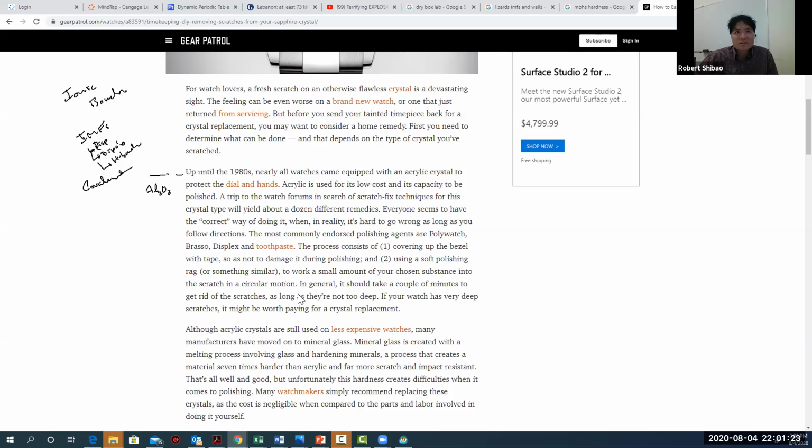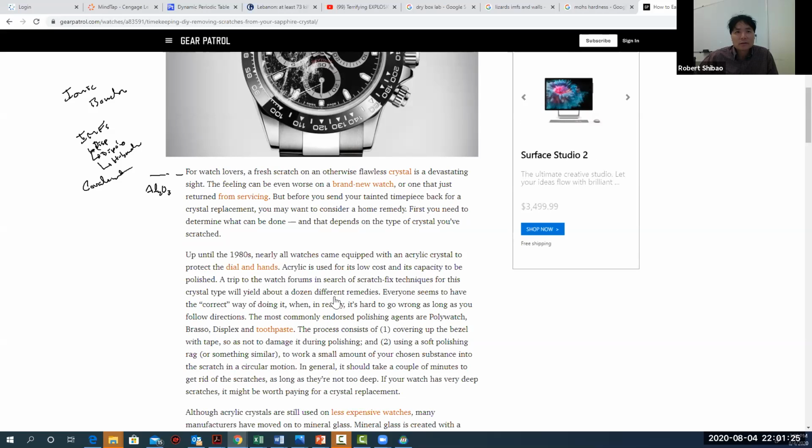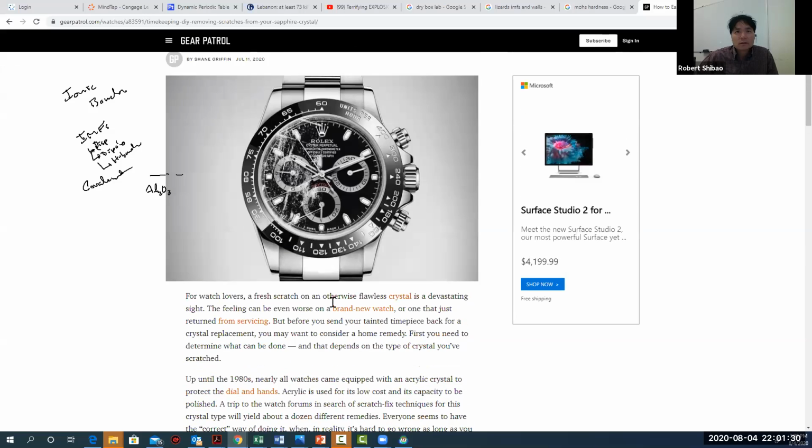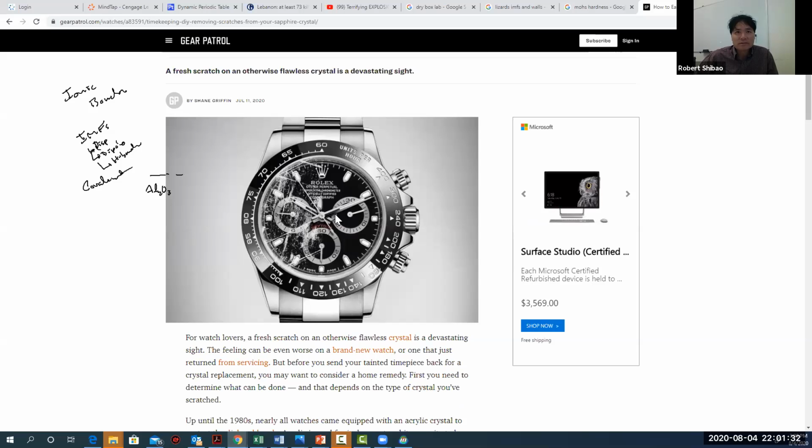Mineral glass is just regular glass. This is what they need to put on phones. If they put aluminum oxide on phones, think how tough. It's hard to break. Well, actually, maybe you can still fracture it.